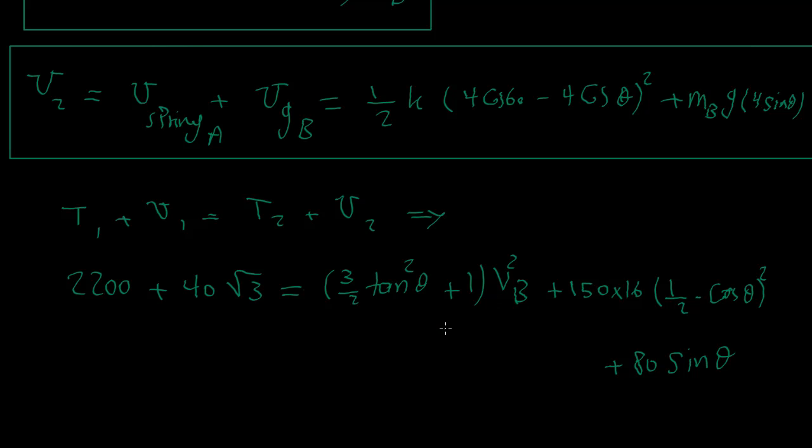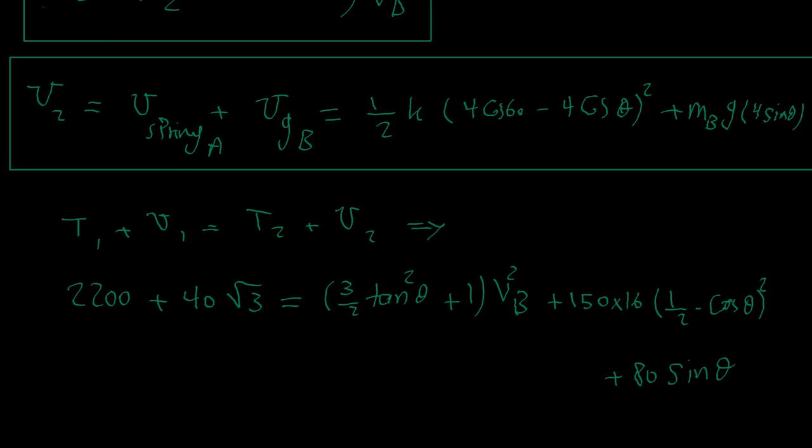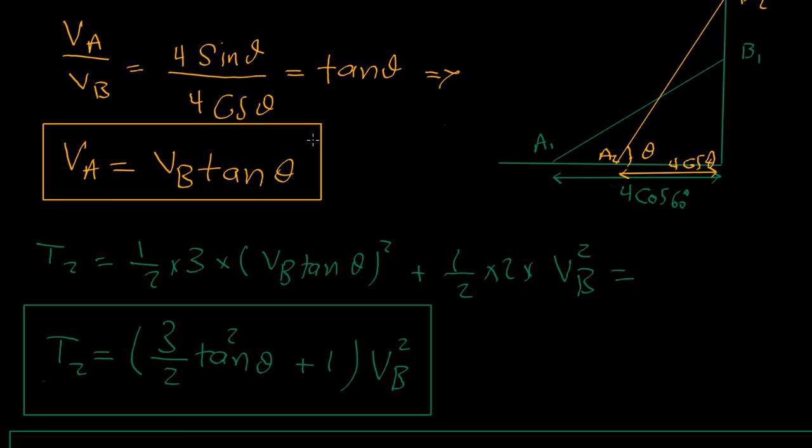We wanted to find the velocity of A and B as a function of theta. And from this equation, we can find VB as a function of theta. And because VB and VA are related to each other, we can also find VA.